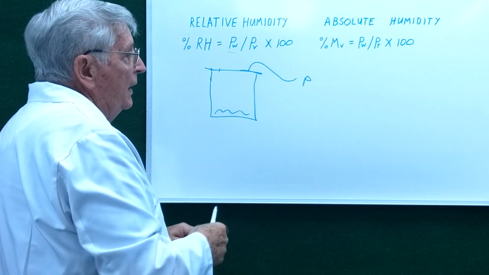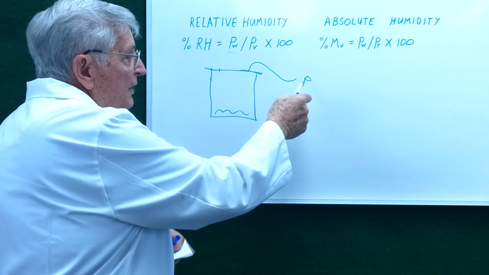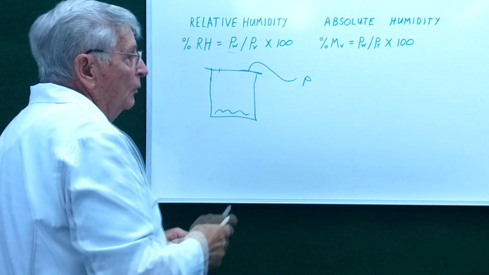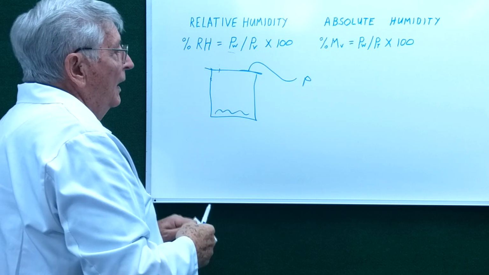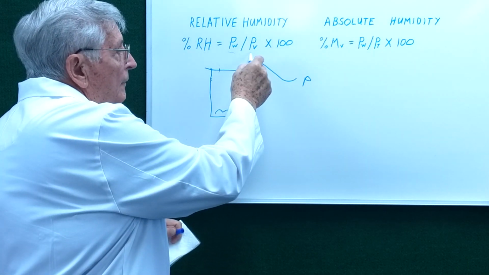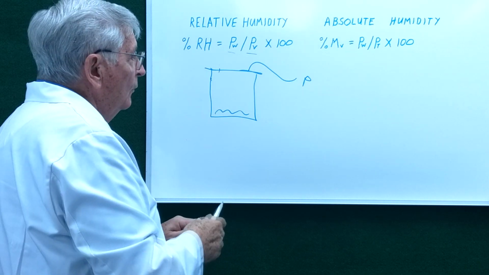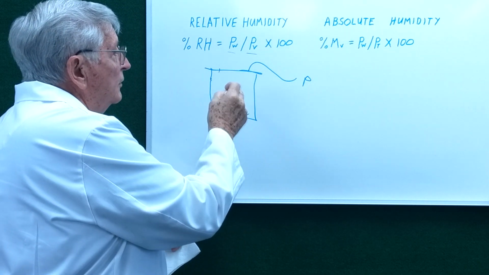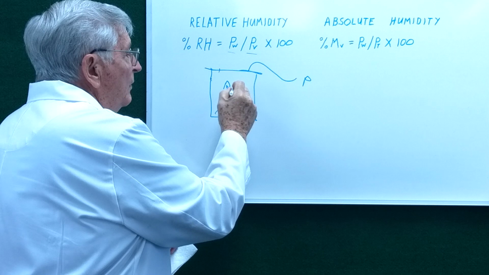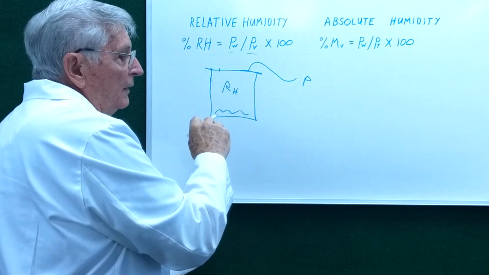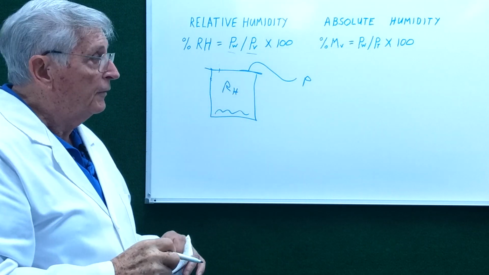If we did an accurate measurement of how much the pressure went up, and knowing the vapor pressure of water, we could have calculated the relative humidity in the jar before we started.